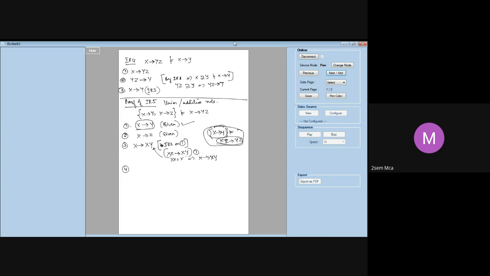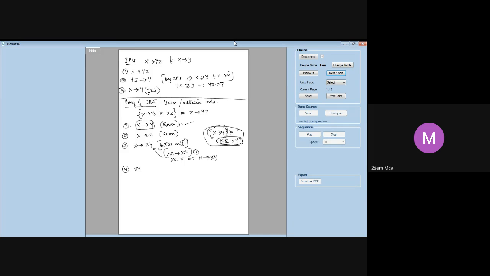Fourth step. Similarly, can I apply some augmentation on the second one? What is given to us? X determines Z. Can we apply IR2 on X determines Z? Yes, ma'am. What you will get? How will you apply? XY determines YZ. Very good.